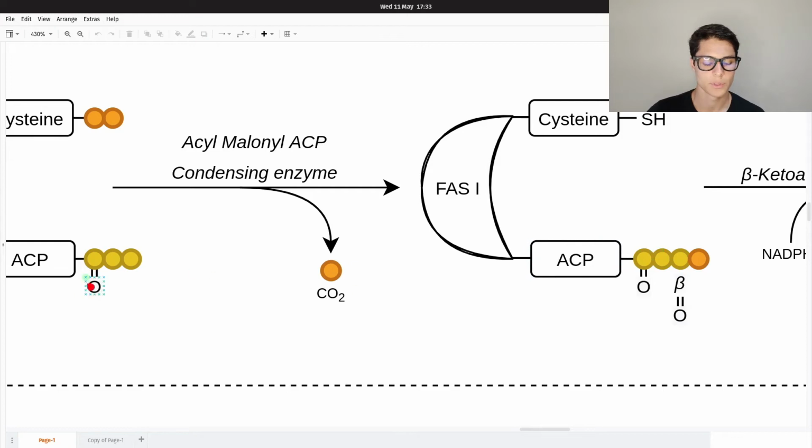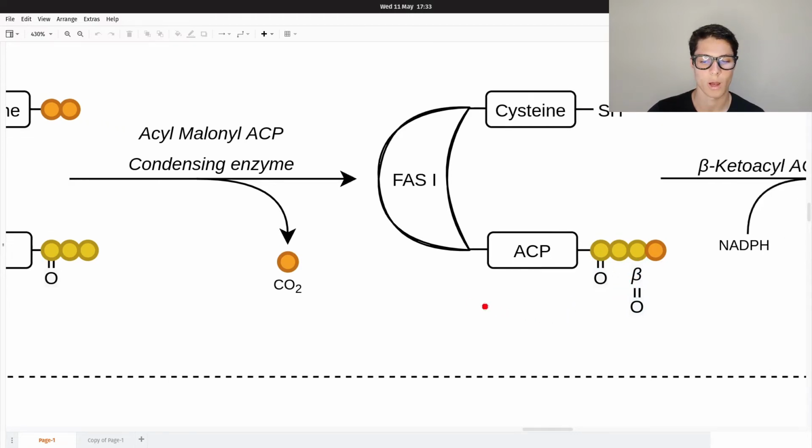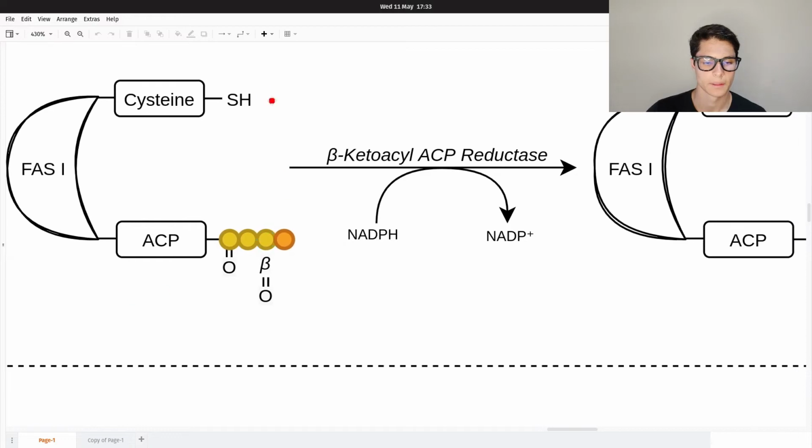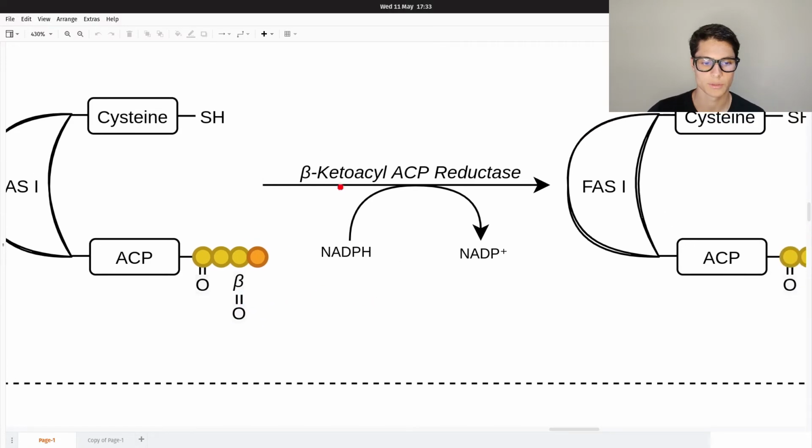And by the way, I am putting this double bond with oxygen here because then you will understand better why. Here I put the beta with the oxygen group, because the enzyme we are going to use is the beta ketoacyl ACP reductase.